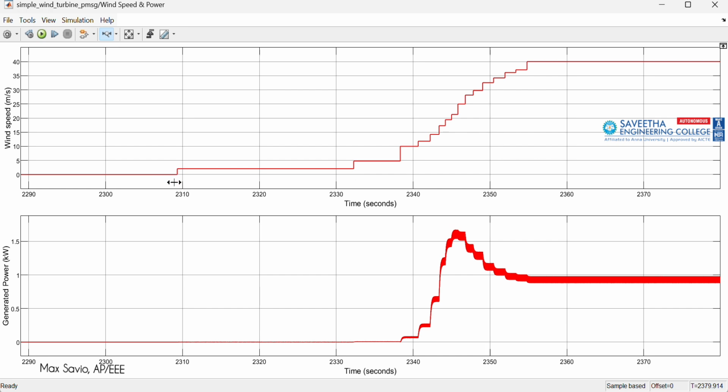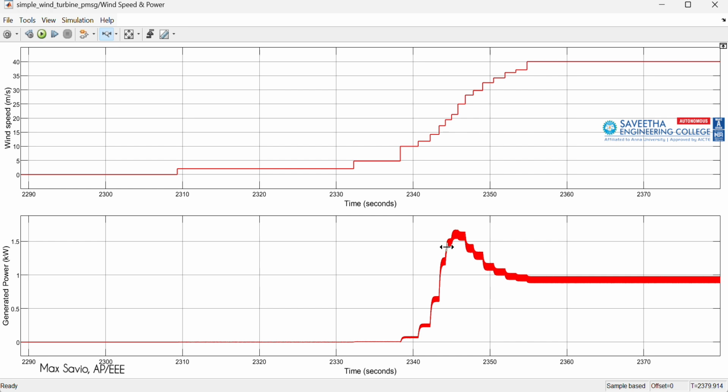From this terminal, the wind speed has slightly increased, reaching about 10. Okay, so at this point maybe 5, and after that the power has been generated very slightly, and since the base speed is 12 meters per second, the actual power is generated.